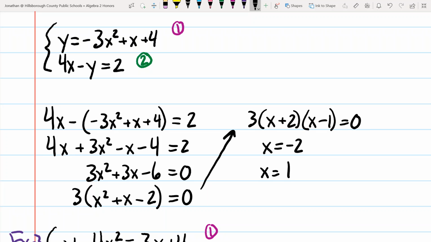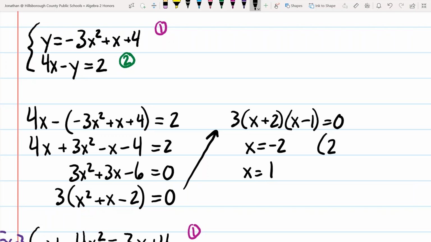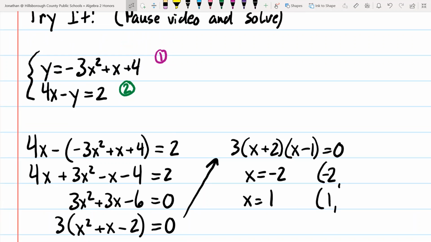But of course, we need to find out what the y value of these coordinates is going to be. So I'm going to plug them back into 4x minus y. So 4 times negative 2 minus y equals 2.